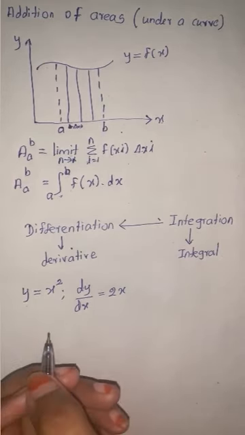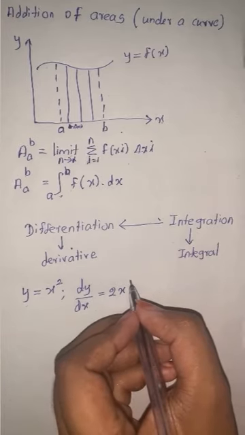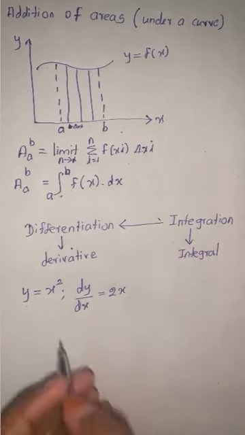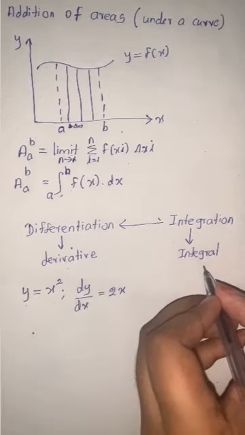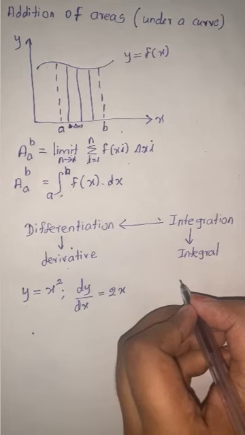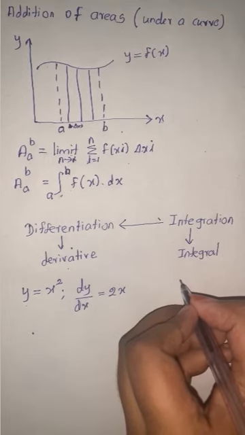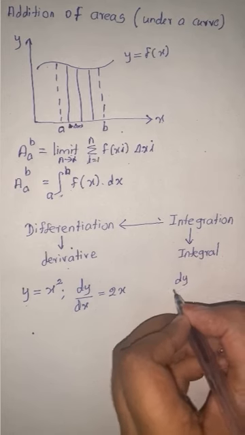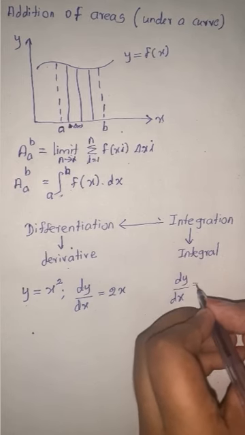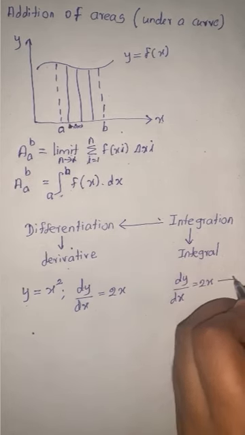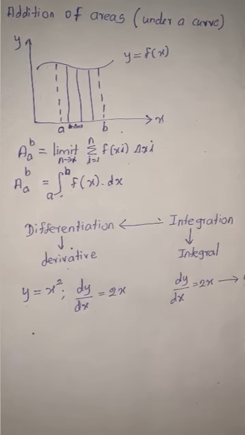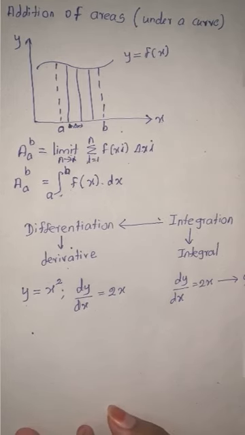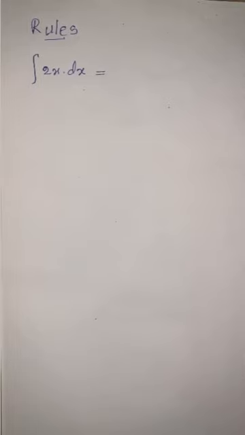If we go to the integration part, we are given dy by dx, which is 2x, and we have to find out what y is equal to. So that is the link between differentiation and integration.